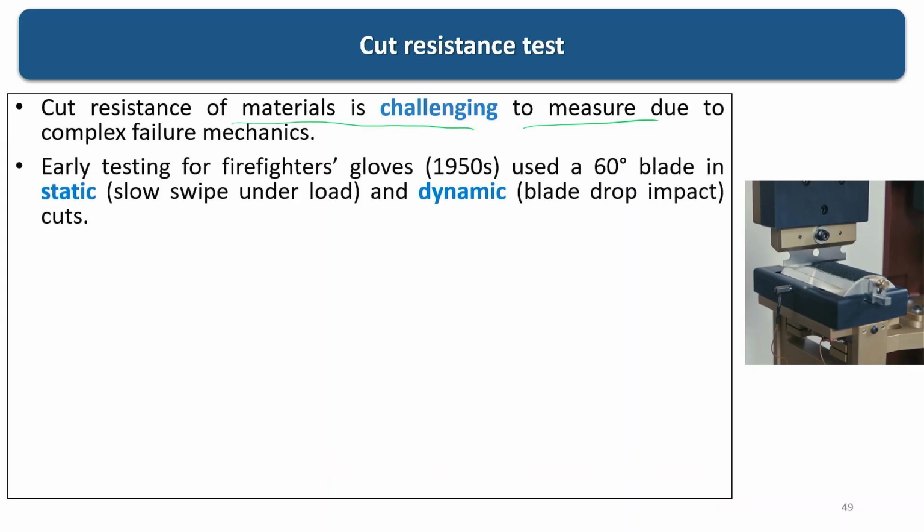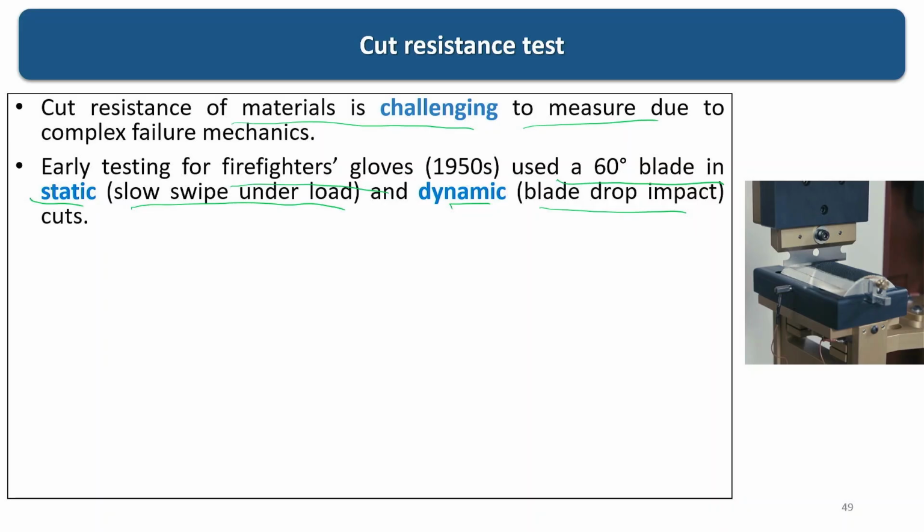If we see the early testing for firefighters' gloves in the 1950s, they used a 60-degree blade in static, like a slow wipe under load, and a dynamic test, that is a blade drop impact cut, was used.